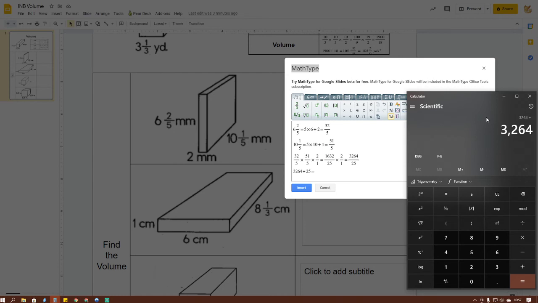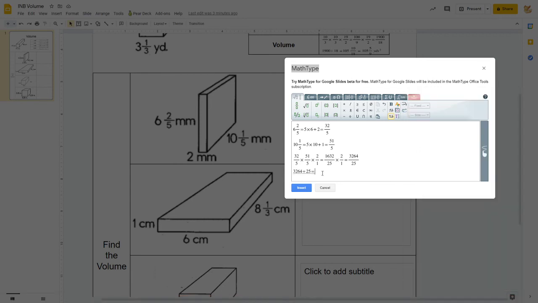That divided by 25. 130. 130. Now, my next step is to figure out what, I'll put it in here. 3264 minus 25 times 130.